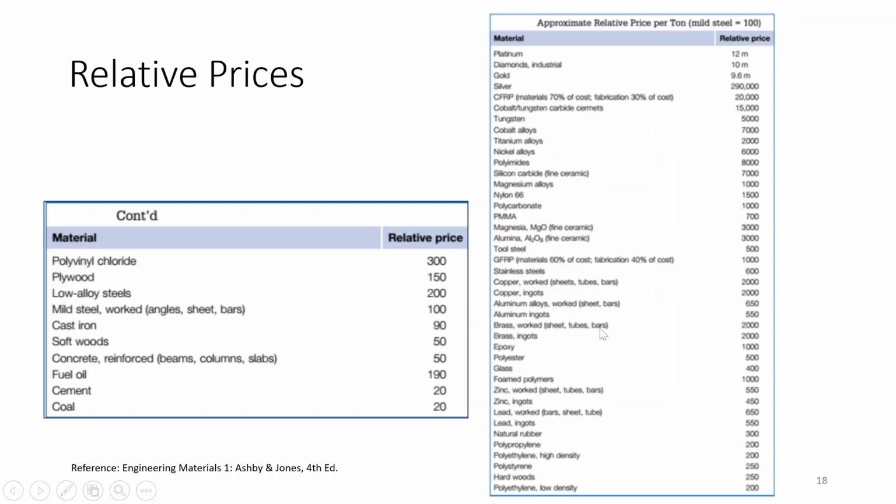Then decreasing you can see ceramics, these have lower prices compared to these. Then further below, some metals with low melting point and with abundance, and some of the polymers which are easy to manufacture are the ones having lower price. And then cement, coal, cast iron, these are the ones having lower price compared to the mild steel.